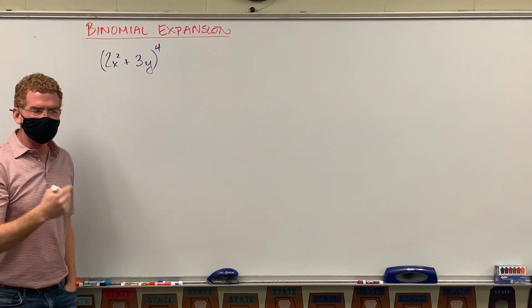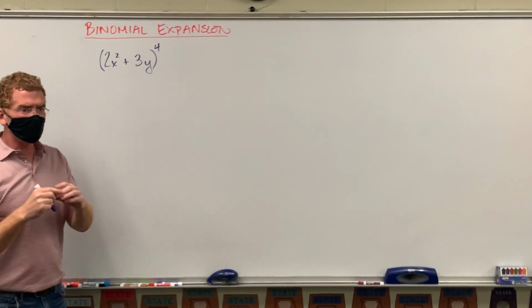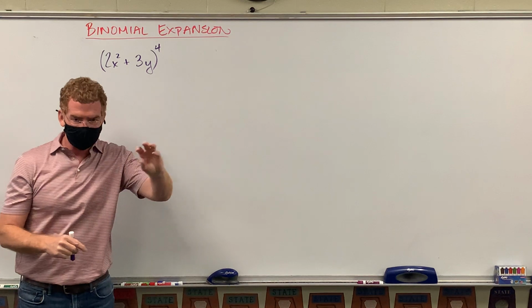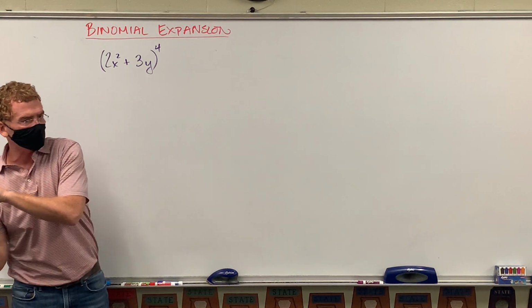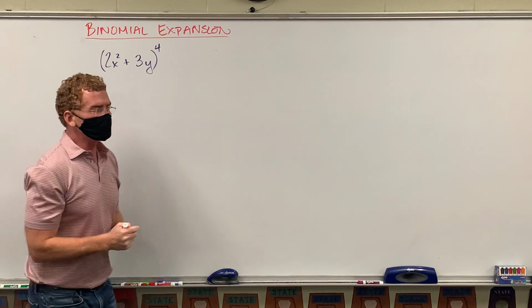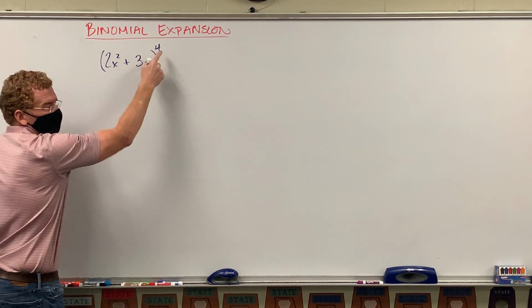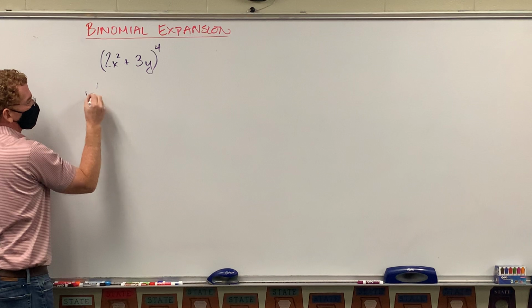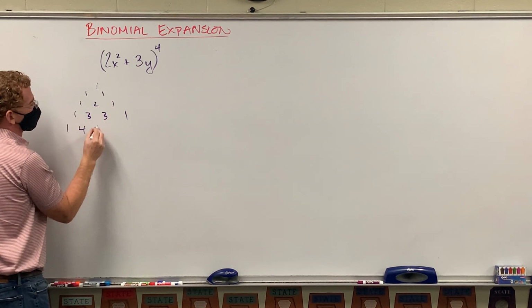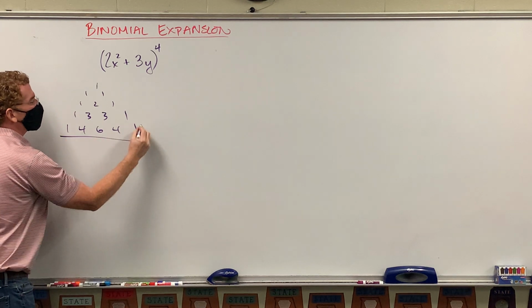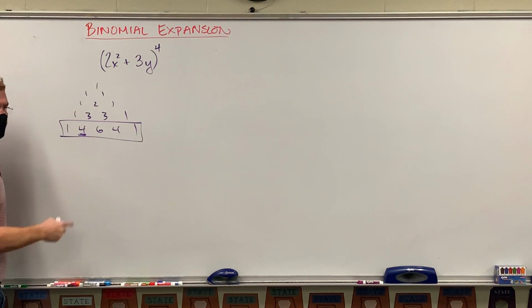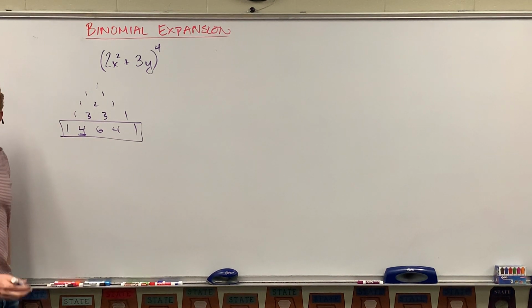Well, if you had an a plus b to the fourth, you're going to want to know how the a and the b work, right? A to the 4th, A cubed B, A squared, whatever, and how the B's work, no B, B1, B2, B3, but you also want the coefficients. So if it's a 4, you want to go to the row in the triangle that has the 4 as the second term, because those are the coefficients, right?